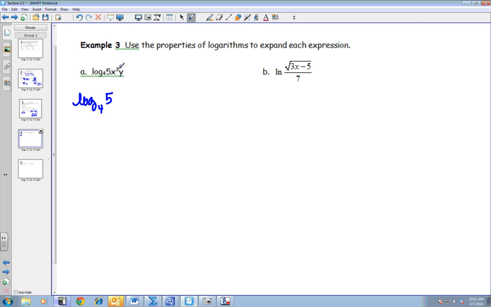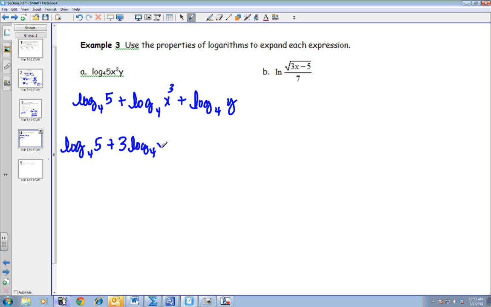Now 5 is being multiplied times this, so I can say plus log base 4 of x to the third plus log base 4 of y. Now I have an exponent, so this exponent can be written in front of that log. So my final answer will look like this. Log base 4 of 5 plus, I'm going to bring this 3 down, 3 log base 4 of x plus log base 4 of y. And that is my answer.